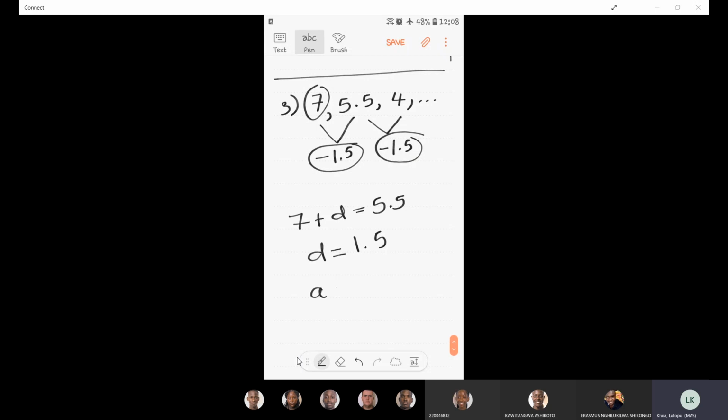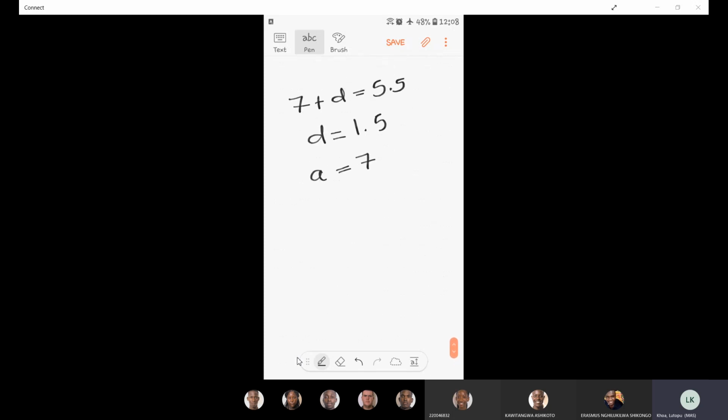So we know that A is the first term, which is equal to 7. Then you substitute this into the general equation for an arithmetic progression. So you have Un, this is equal to A plus n minus 1 times the common difference, which is 3 over 2.